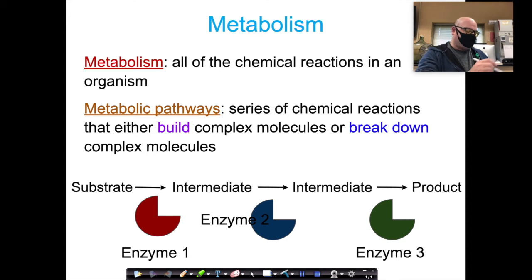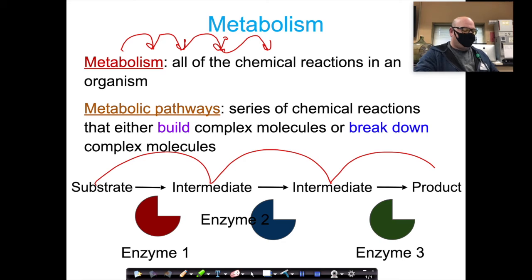A lot of times you'll have all these intermediate steps between these reactions, and each one requires its own set of enzymes. So you might have 2, 3, maybe even more enzymes in each one of these that are modifying the original substrate. We'll talk more about that later.